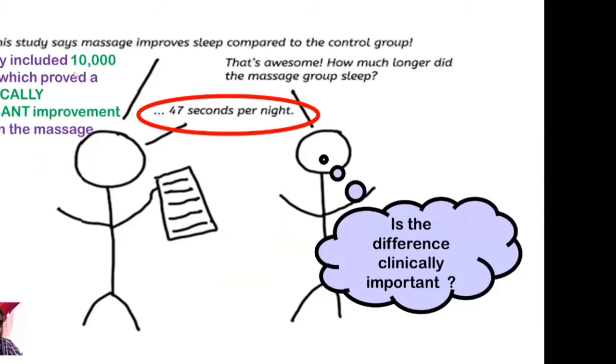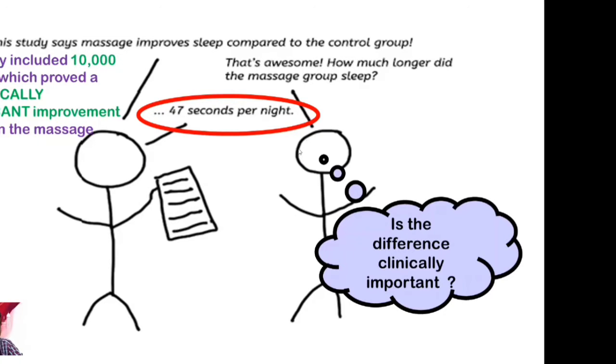They have included 10,000 samples and proved that it is statistically significant in improving sleep. But what is the effect size, the duration of sleep between these two groups? The effect is 47 seconds per night. So the massage group slept 47 seconds extra compared to the no massage group.